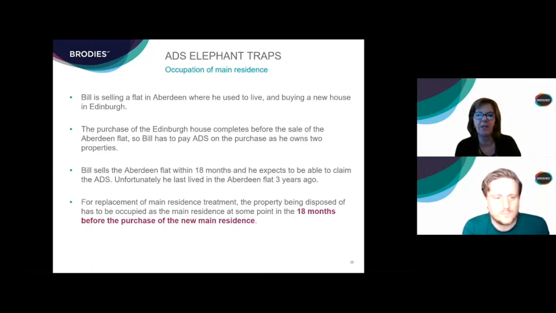When he sells the Aberdeen flat, he thinks he'll be able to claim the ADS, but he last lived there 3 years ago, so he won't be able to. The 18 months test for when you last lived in the flat is one that's overlooked a lot.